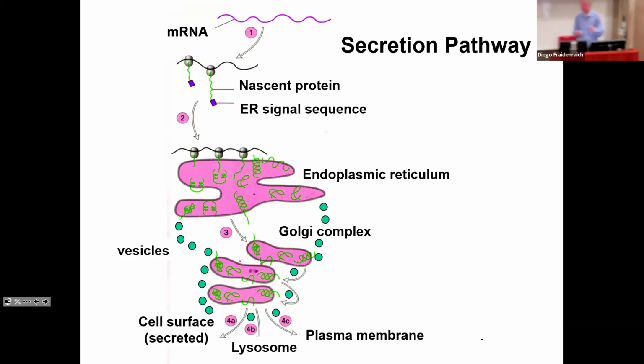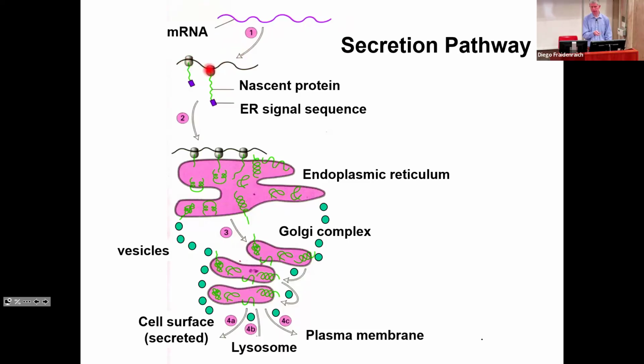Secretion pathway. Maybe you remember Diego when he talked last week about organelles. I think he mentioned also vesicles. So we talk here about messenger RNA, which comes from the nucleus, and it starts to be translated.